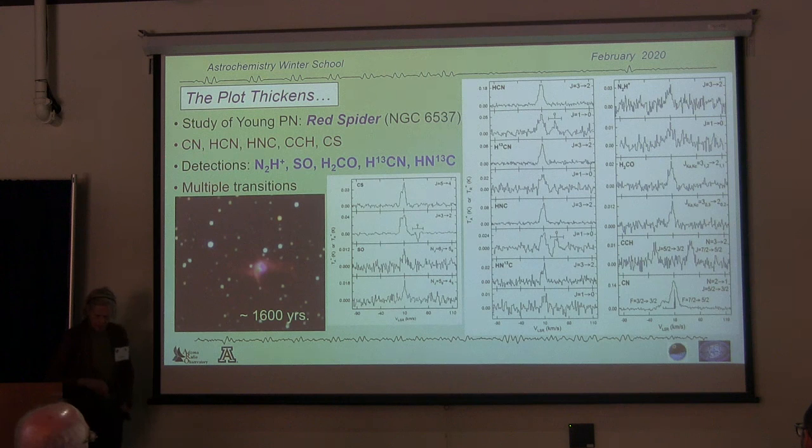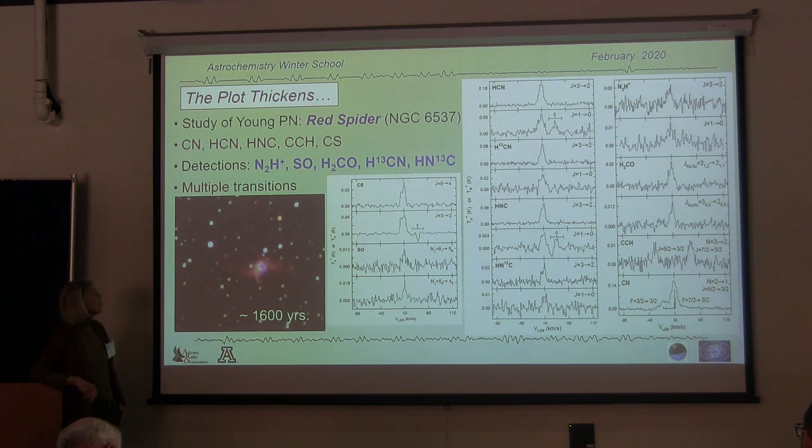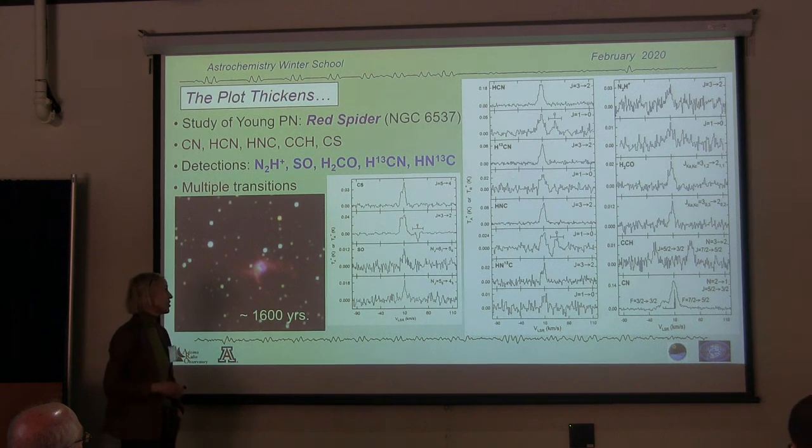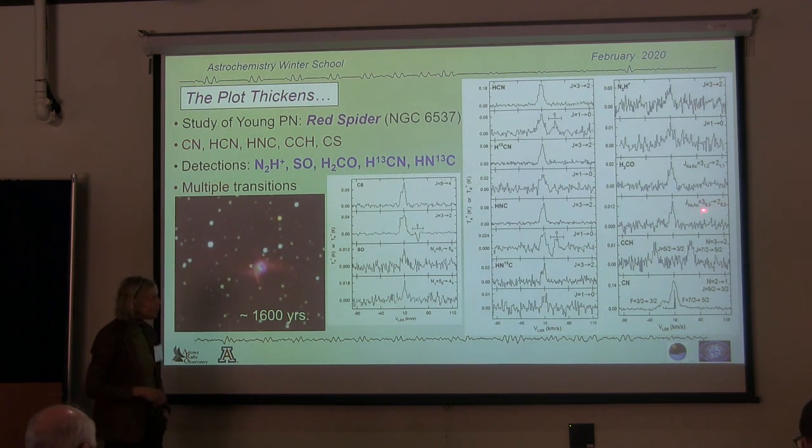We didn't expect to detect these polyatomic molecules in these nebulae, so we got ambitious and started studying some of them in more detail. And one of them was the Red Spider, shown here. It's about 1,600 years old. And amazingly, we found, of course, CS, HCN, HNC, but we started finding carbon-13 substituted species. We also found N2H+, well, that was seen in NGC 7027, but we found formaldehyde and SO.